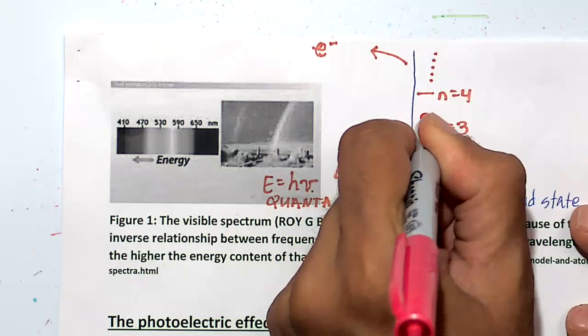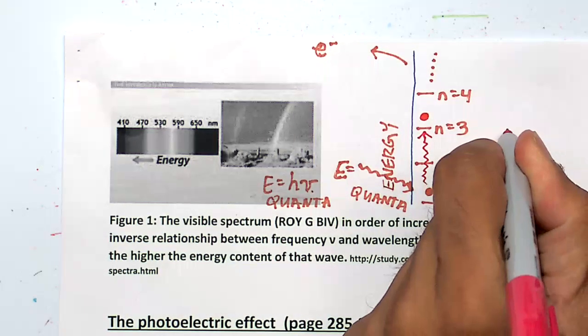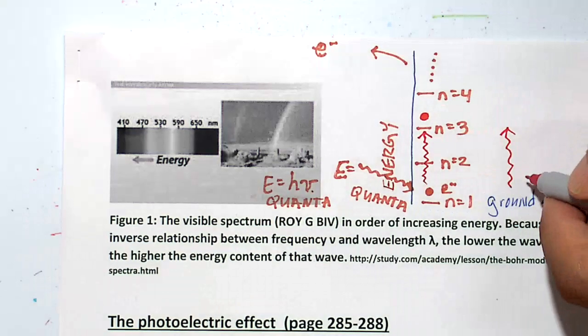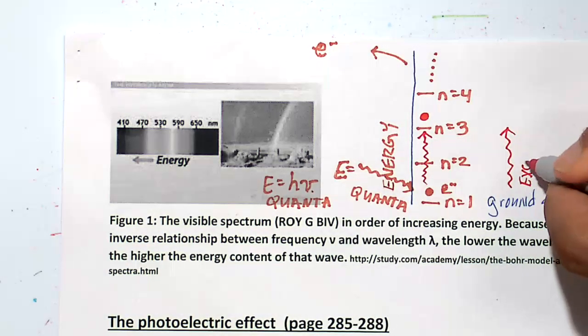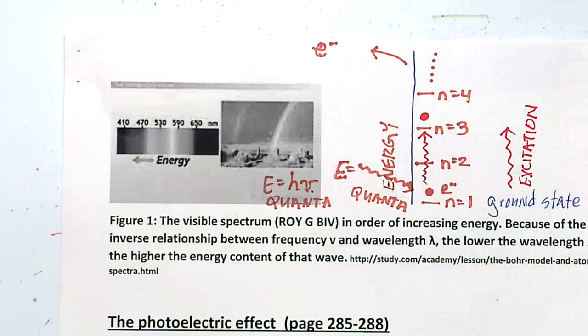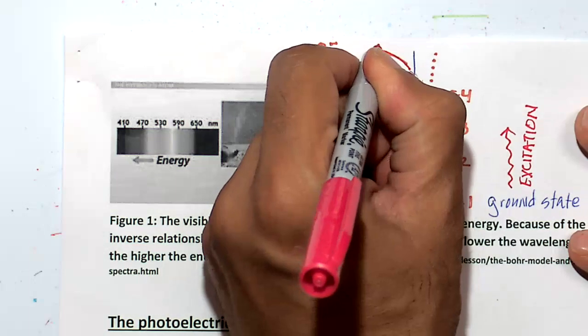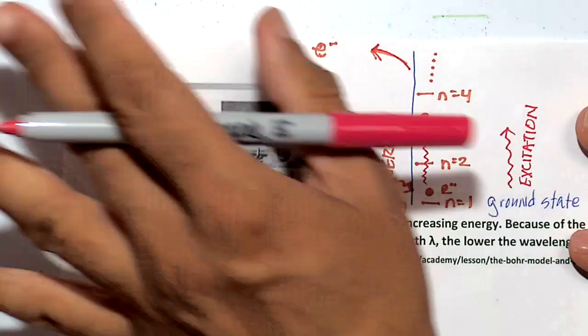So if I hit it with the right quanta of energy, let's say I excite it to energy level 3. This is called excitation. I've excited the electron. Now, did I kick it out of the atom? I did not kick it out.